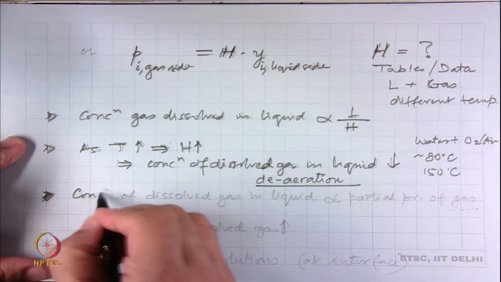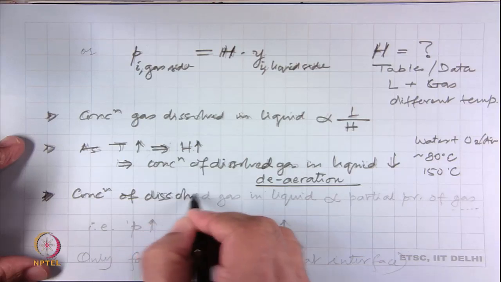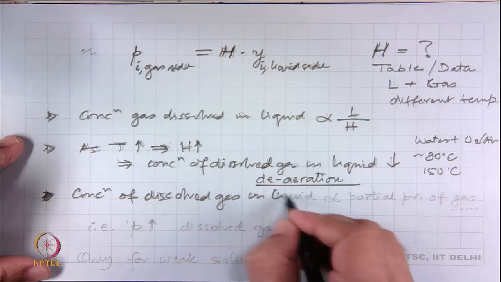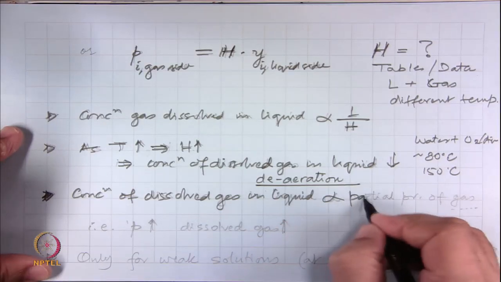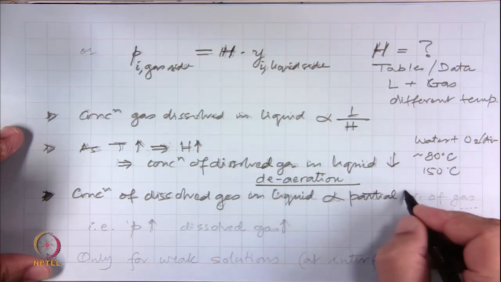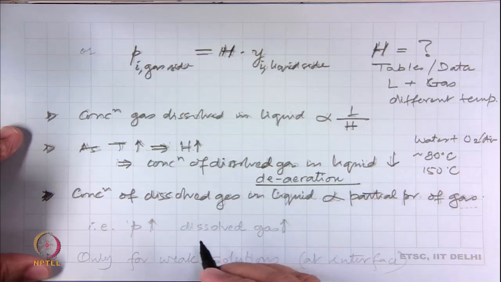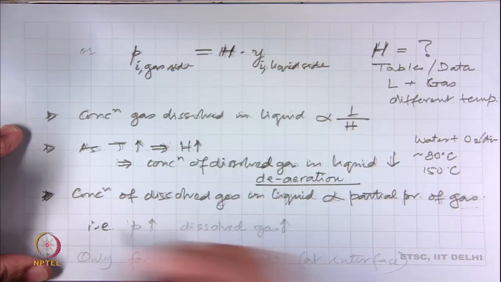Then we have seen that concentration of dissolved gases in the liquid is proportional to the partial pressure of the gas. So, what is the partial pressure of the gas?